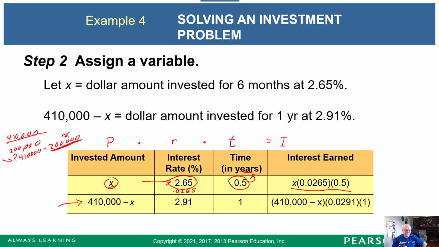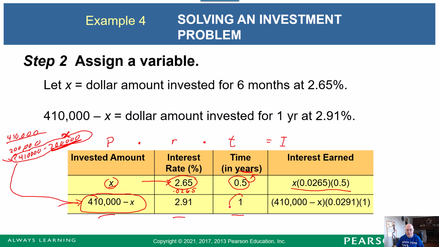It's really X. So the other amount is 410,000 minus 200,000, or the real value right now is 410,000 minus X. And that's how you can get this expression when you think you're sunk. You use a simple example, see how you would do that calculation, and then put in the X or Y or whatever you need. Again, the principal times the rate times the time.